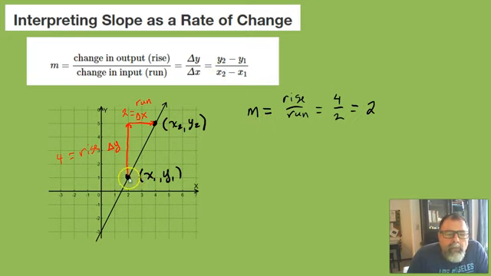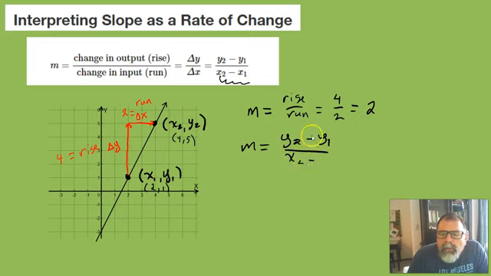If I figured out this point, this is 2, 1, and this point is 4, 5, I can use the formula that's given here. I'm going to subtract the y-coordinates, subtract the x-coordinates, and then divide those two. Rise over run. So y2 is 5, y1 is 1, so 5 minus 1. And then x2 is 4, x1 is 2, so 4 minus 2.